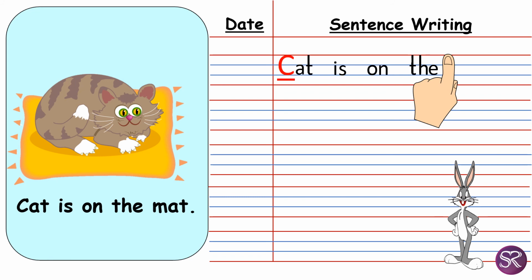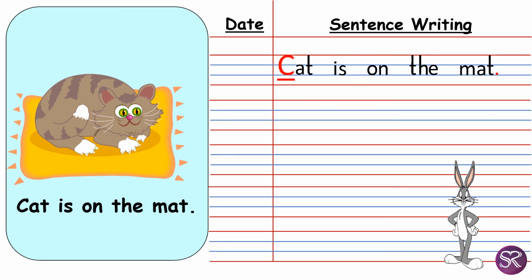The last word is mat. M-A-T. Mat. And the sentence should finish with a full stop. See, I have kept a full stop. Full stop is a small dot after the last word. This is how you write a sentence in your notebook.